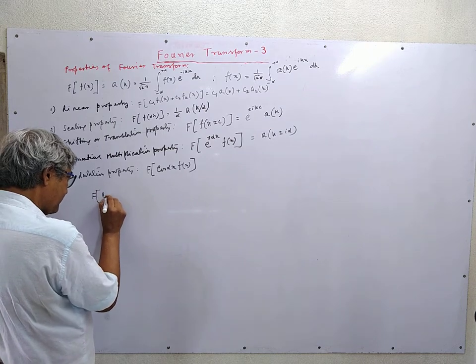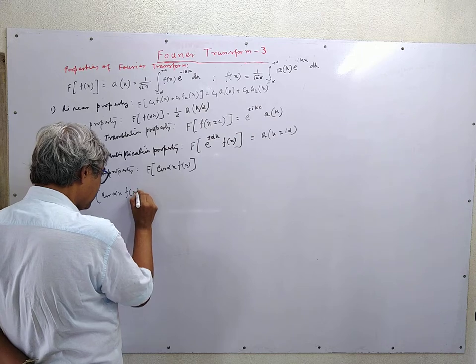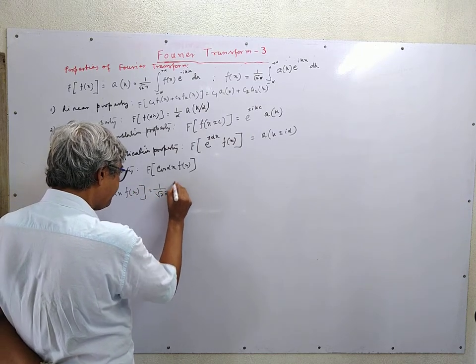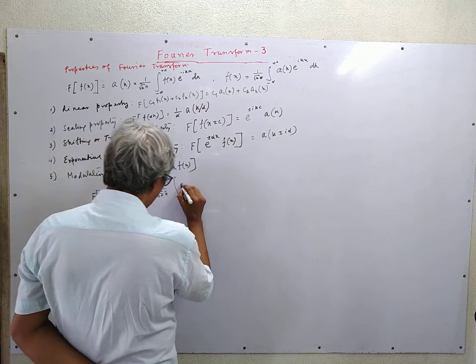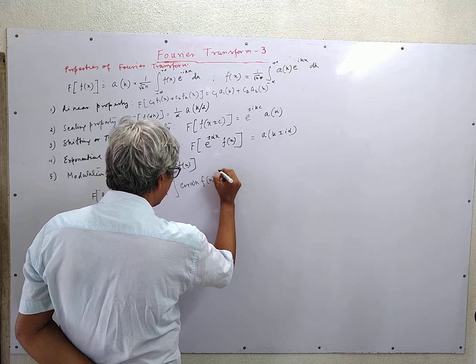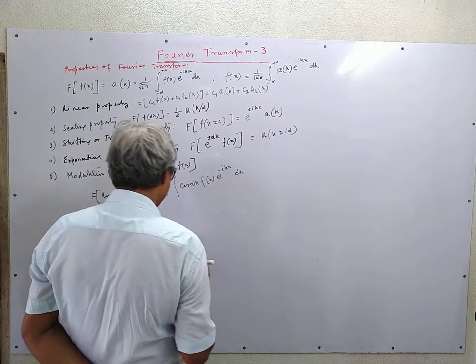F of cos alpha x f of x is equal to 1 upon root 2 pi integration cos of alpha x f of x e to the power minus ikx dx.